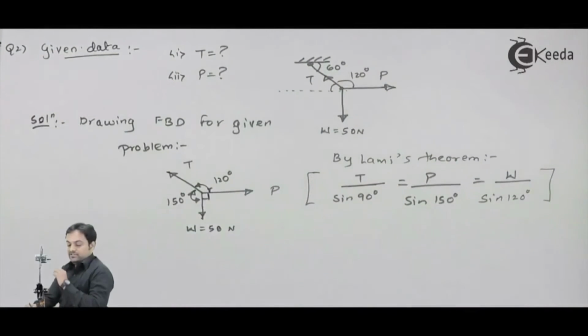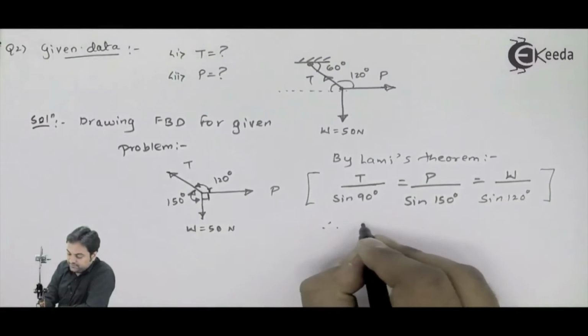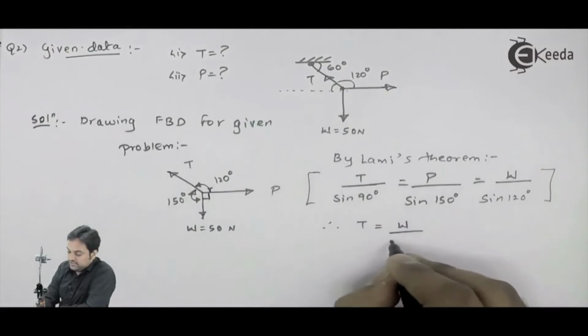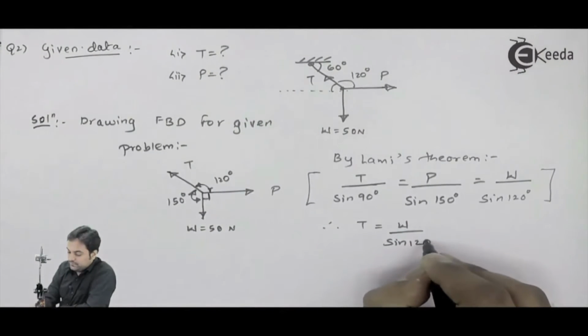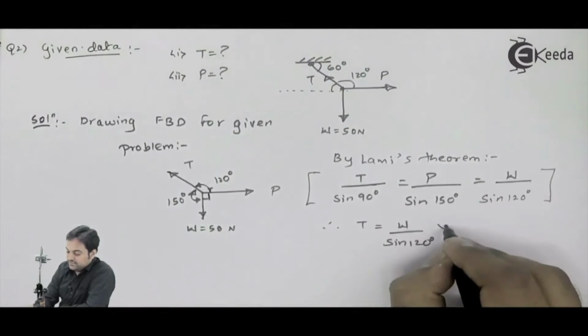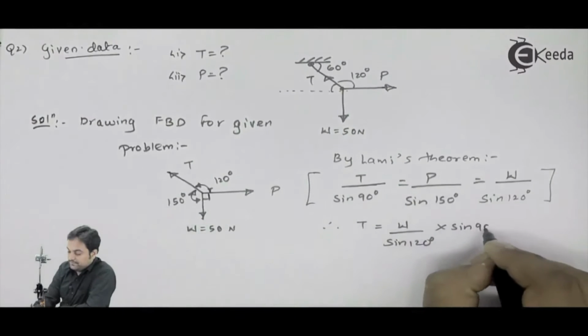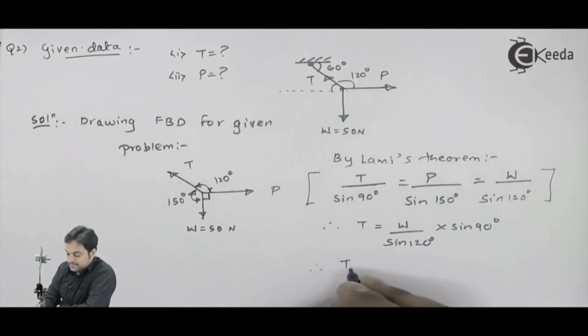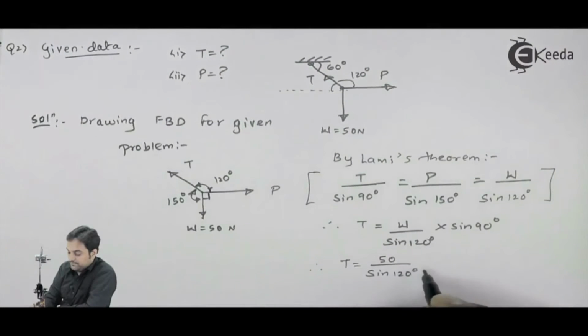Now whatever is asked, I can easily find out. Therefore T will be equal to W sine 120 upon sine 90; I'll send sine 90 to the other side, meaning I'm utilizing this equation. Hence T will be equal to W, it is 50, into sine 120 upon sine 90.